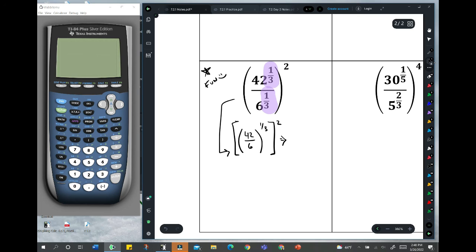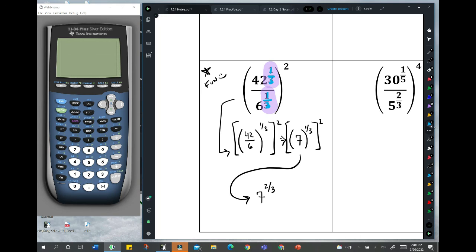With that being done, you can actually divide the 42 and the 6. So 42 over 6 is 7. We're still going to have the 1/3 to the second. And all that becomes is 7 to the 2/3. That only works if the exponents are exactly the same on those numbers.